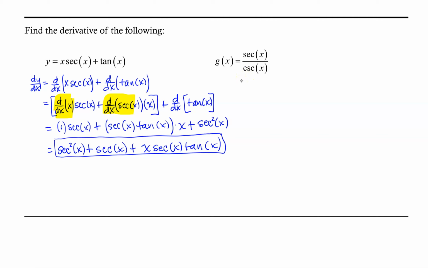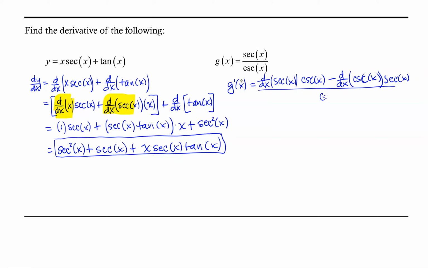Using the quotient rule, g prime of x is going to be the derivative of the numerator, the derivative of secant x, times cosecant x, minus the derivative of the denominator, cosecant x, times the numerator, that whole quantity over the denominator squared, cosecant squared of x.